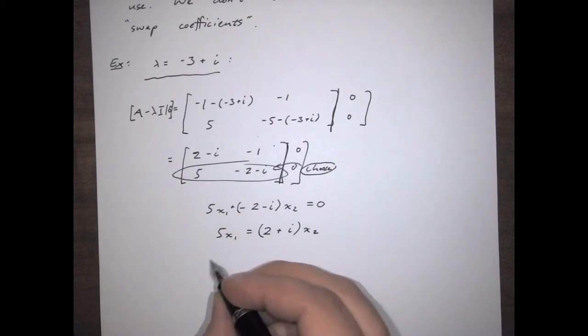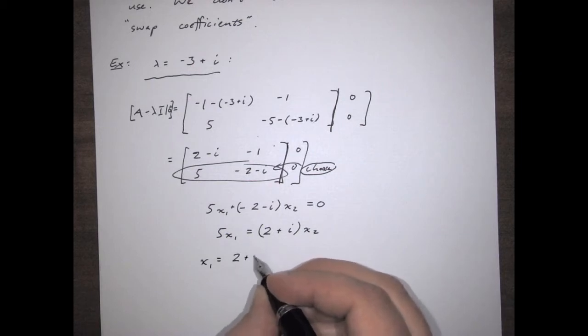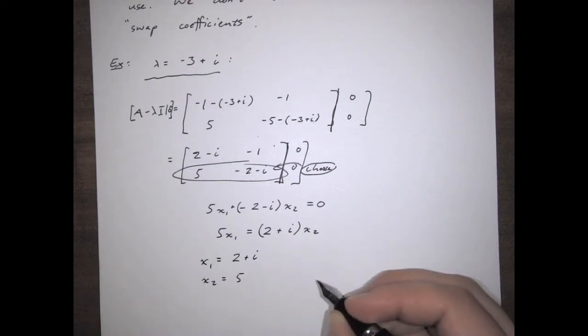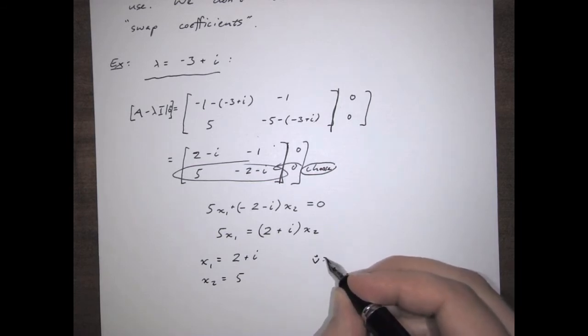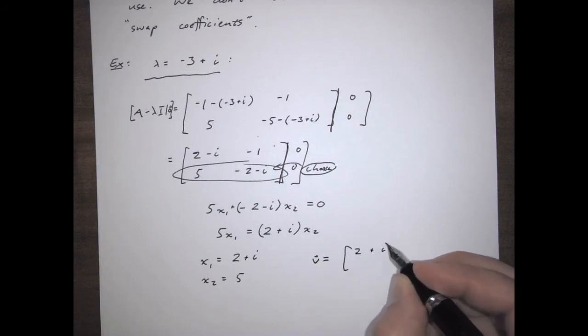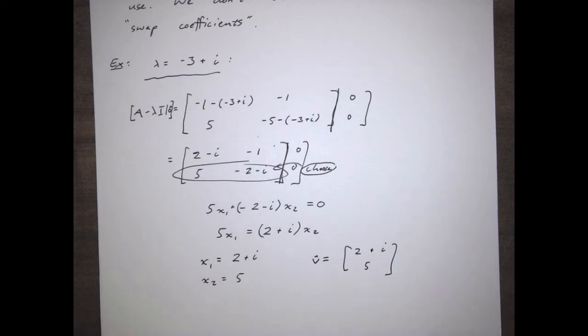And then if I just swap the coefficients, I can just take x1 equals 2 plus i, and x2 equals 5. So then that gives me an eigenvector of (2 plus i, 5).